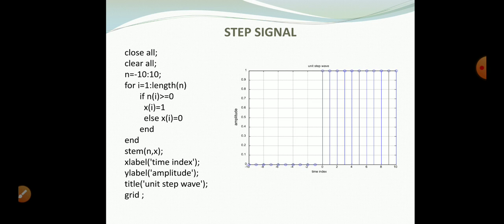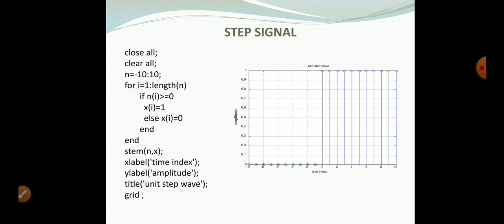So the amplitude 1 will be from 0 to 10, and on the x-axis minus 10 to 10 is the limit. So we have to draw the unit amplitude from 0 to 10 only, and from 0 to minus 10 the amplitude will be 0.